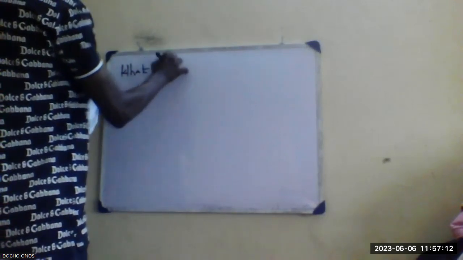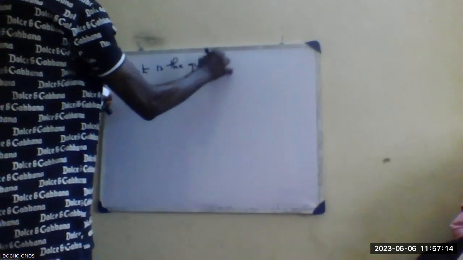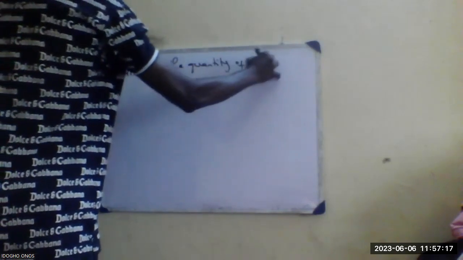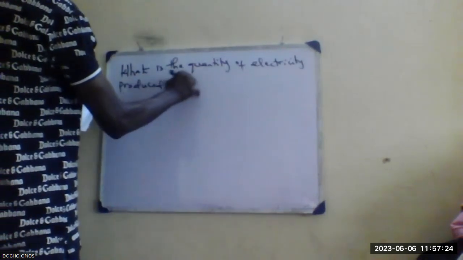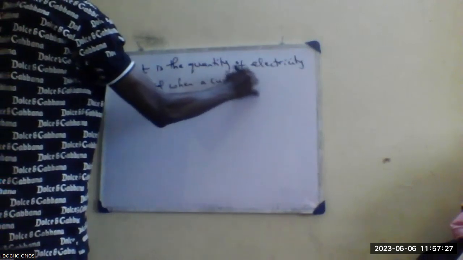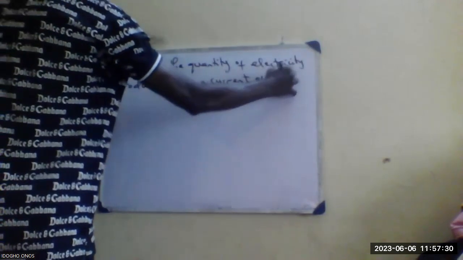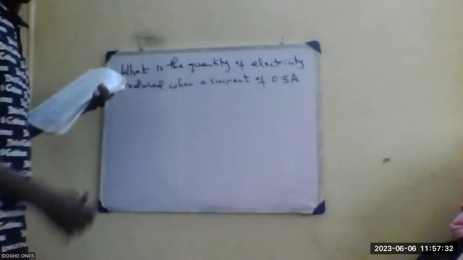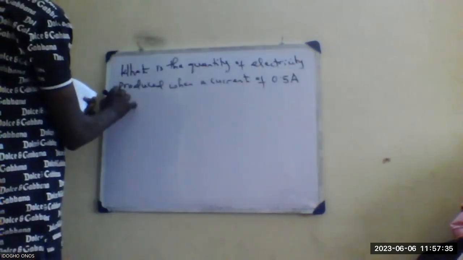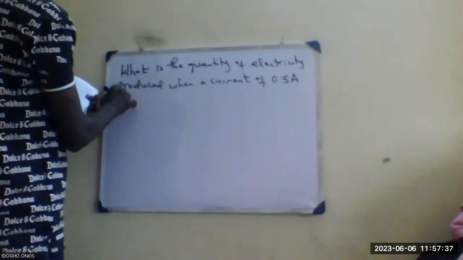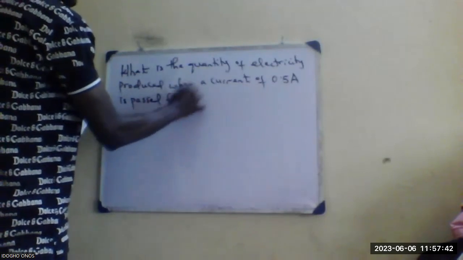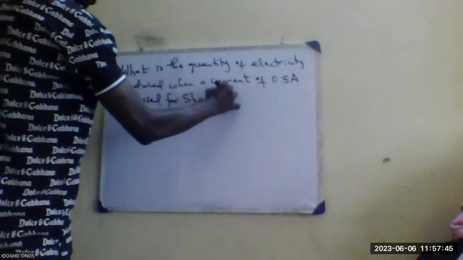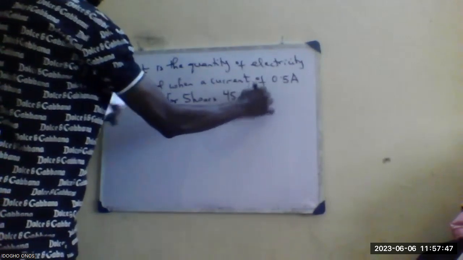What is the quantity of electricity produced when a current of 0.5 amps is passed for 5 hours 45 minutes?